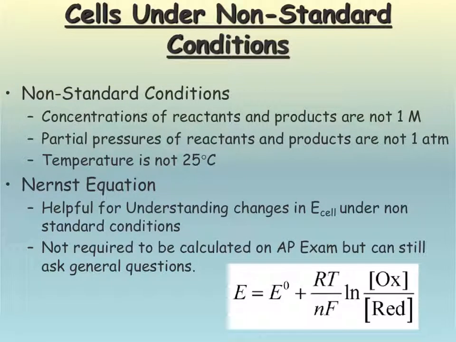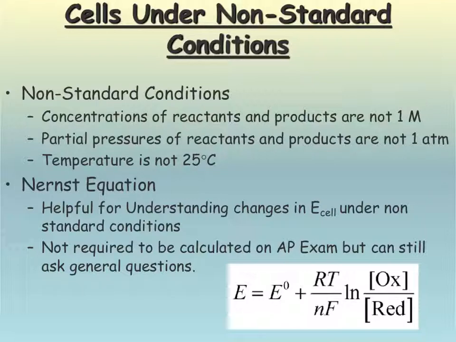All right, so cells under non-standard conditions are ones that have concentrations of reactants and products that are not 1 molar, that have partial pressures of reactants and products that are not 1 atmosphere, and whose temperature is not 25 Celsius.